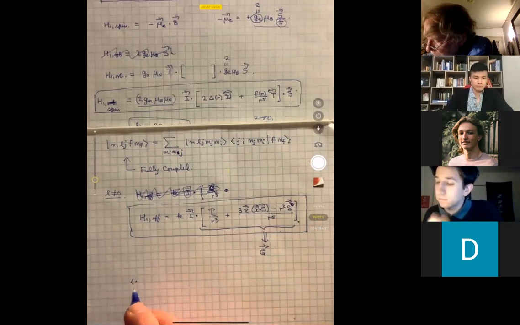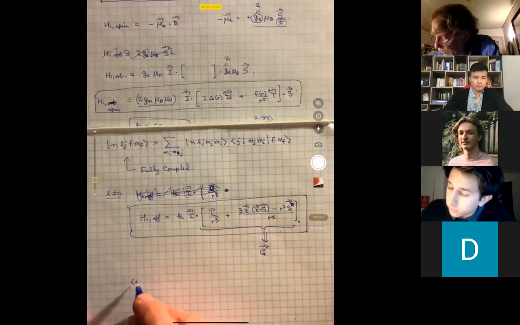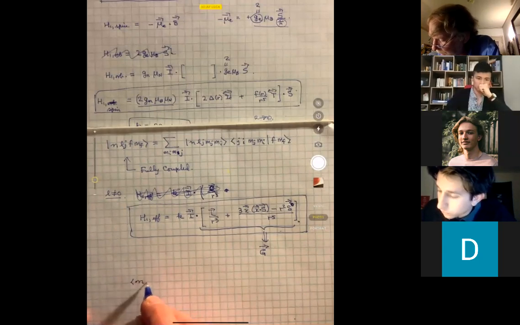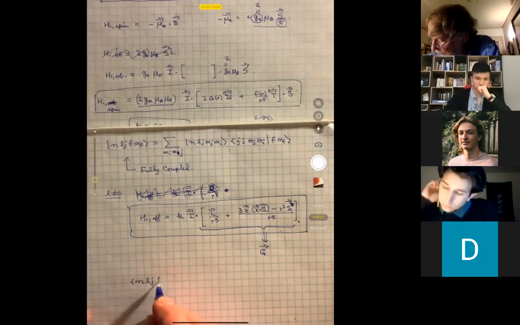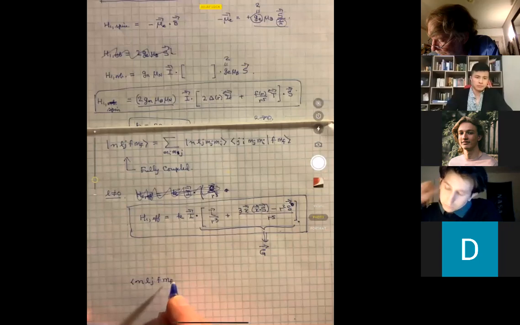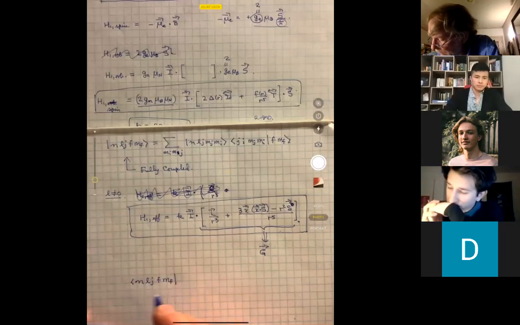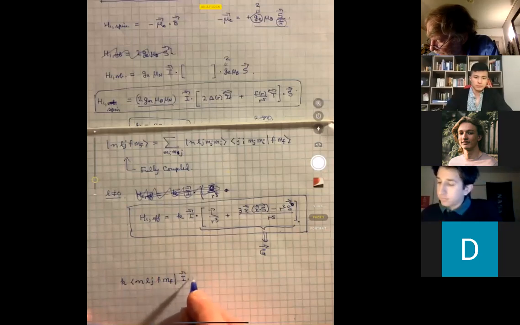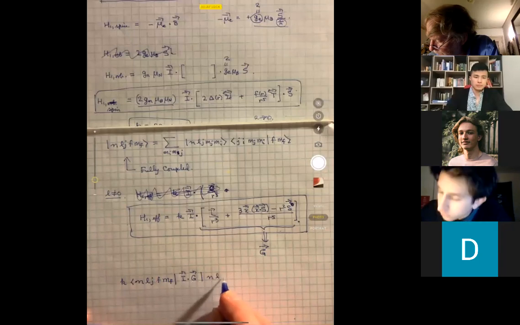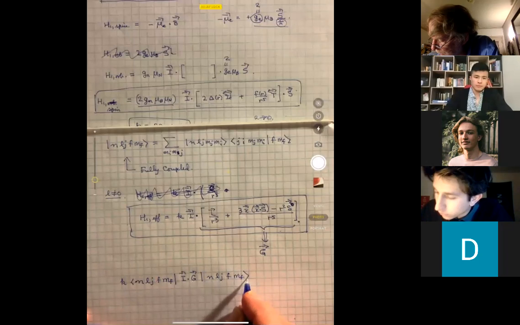All right. So now, for the perturbation calculation, we're going to need to think about matrix elements that look like this: N L J F M_F, I'll use the fully coupled basis, then a constant K out front, then I dotted into G, and then N L J F M_F on the right-hand side.